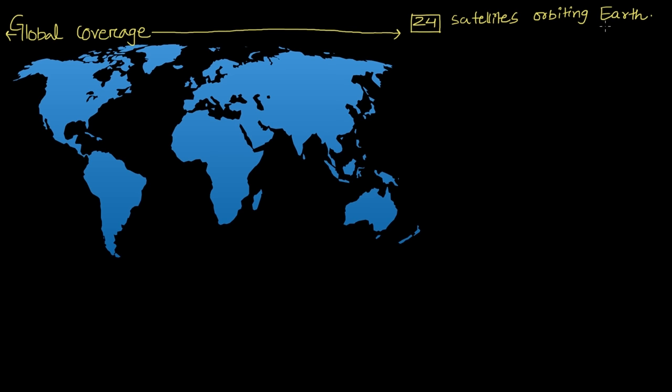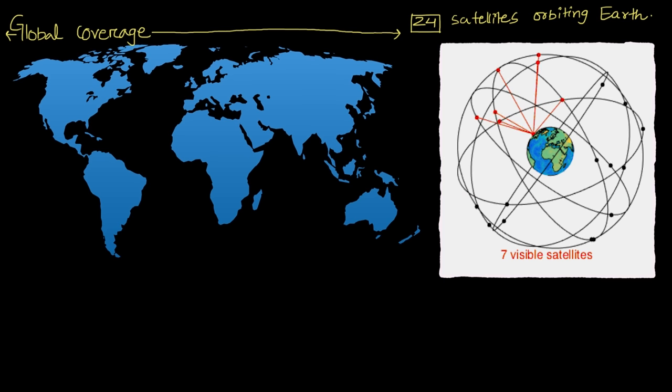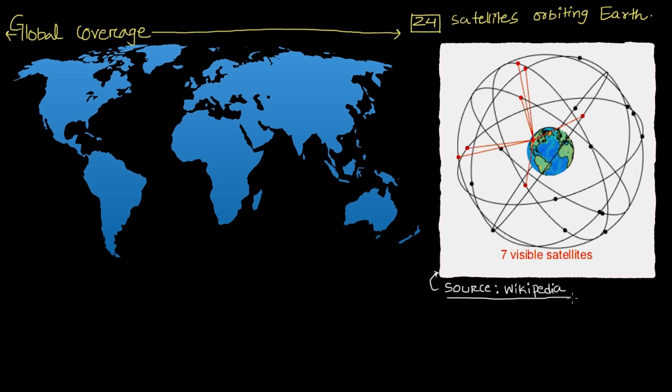Let's look at an animation which shows the number of visible satellites to a particular point on Earth as it revolves and as the satellites orbit around it. You can see the number of satellites which are in red, which are visible, is always more than 4. By the way, all these satellites orbit at a distance of 20,000 kilometers above the surface of the Earth.